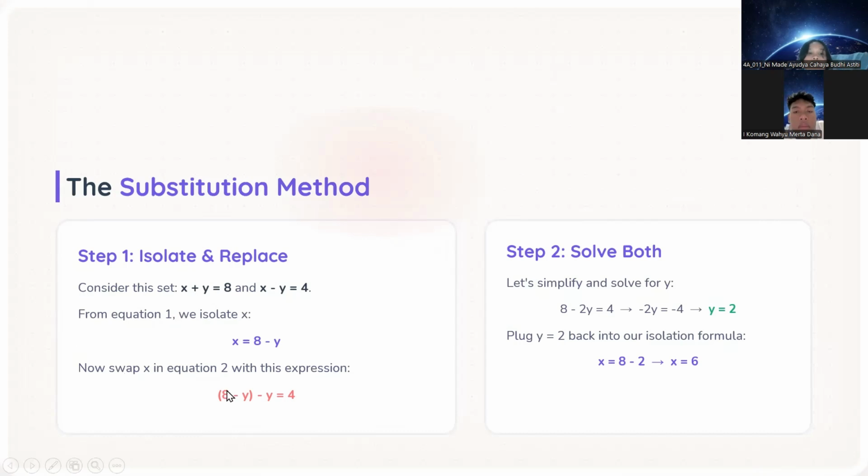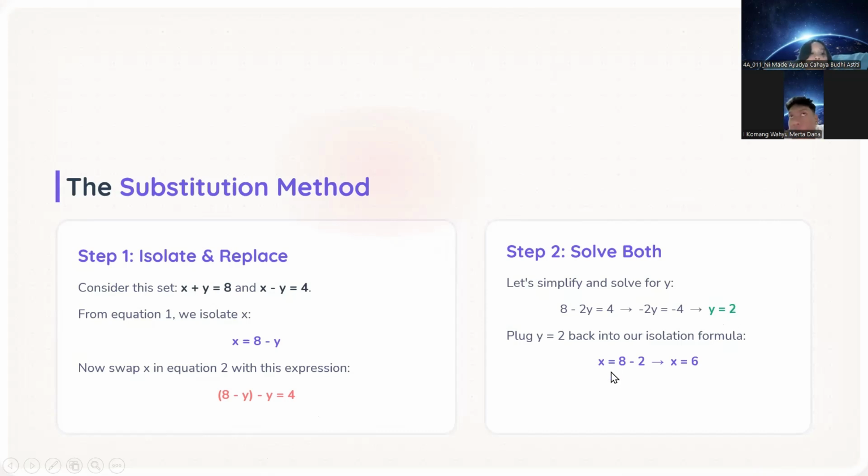So x minus y equals 4 becomes 8 minus 2y equals 4, and then we get minus 2y equals minus 4, negative 4, and then we get the value of y is 2.